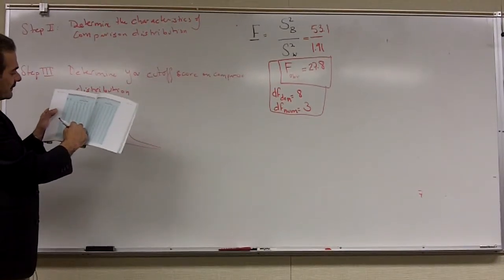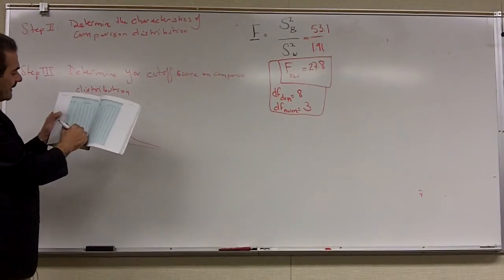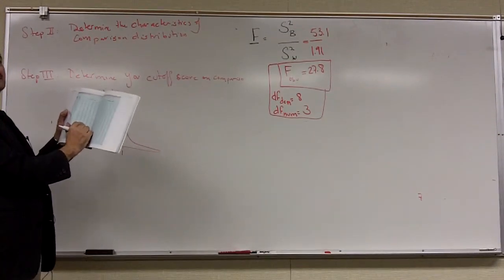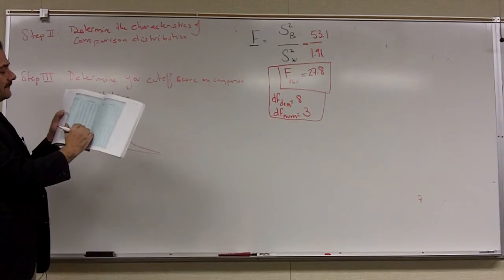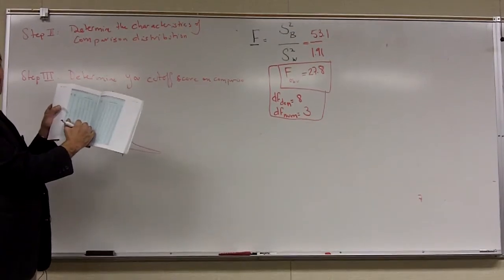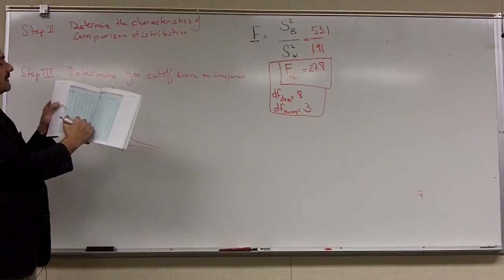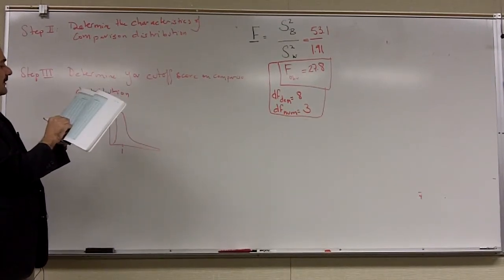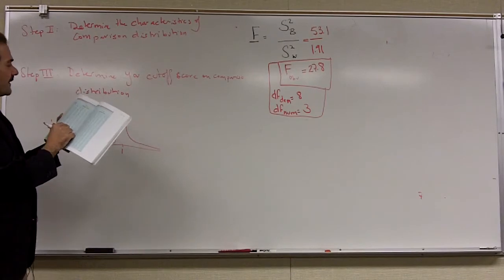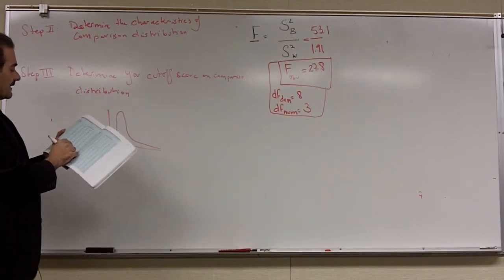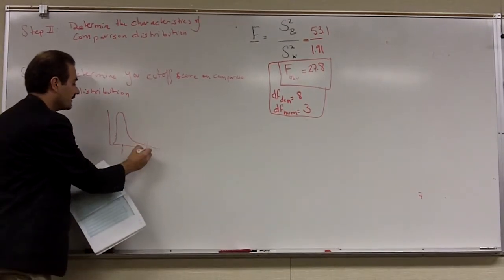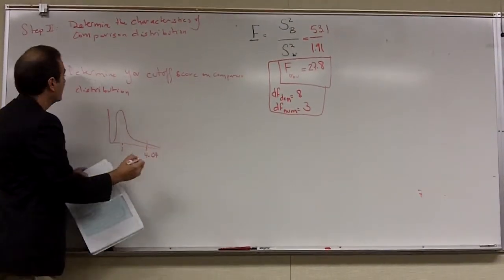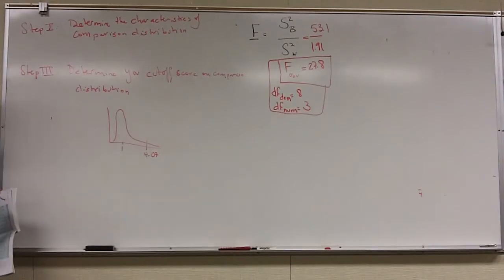At the 0.05 level, the cutoff point is 4.07. Everybody see that? Going across is degrees of freedom numerator. Going down is degrees of freedom denominator. And the cutoff is at the 0.05 level, because that's what the question asked. So you would put it right here. 4.07 is your cutoff.